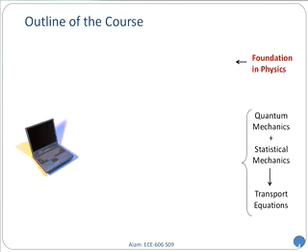Now, let's get a bird's eye view of what this course is about. If you wanted to understand a modern electronic device like that computer you have on the left-hand side, then you understand it's a very complex thing.